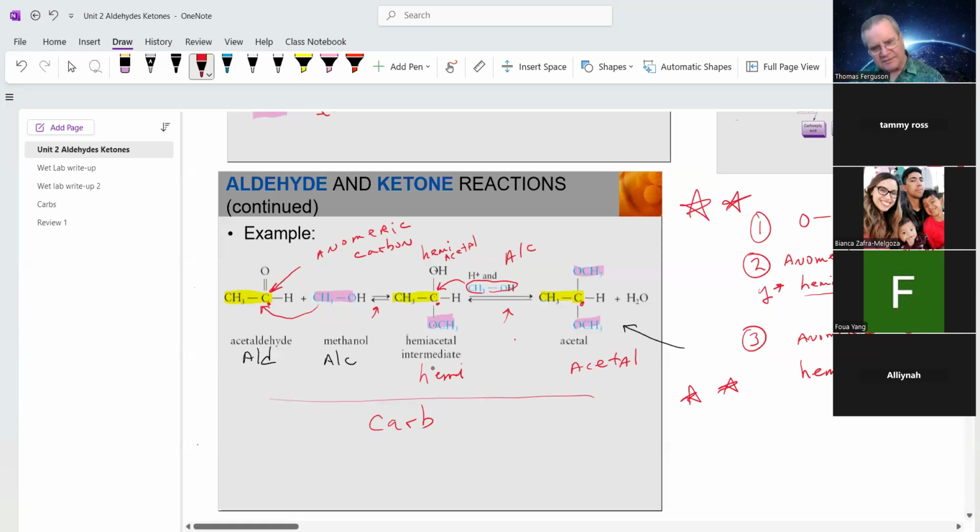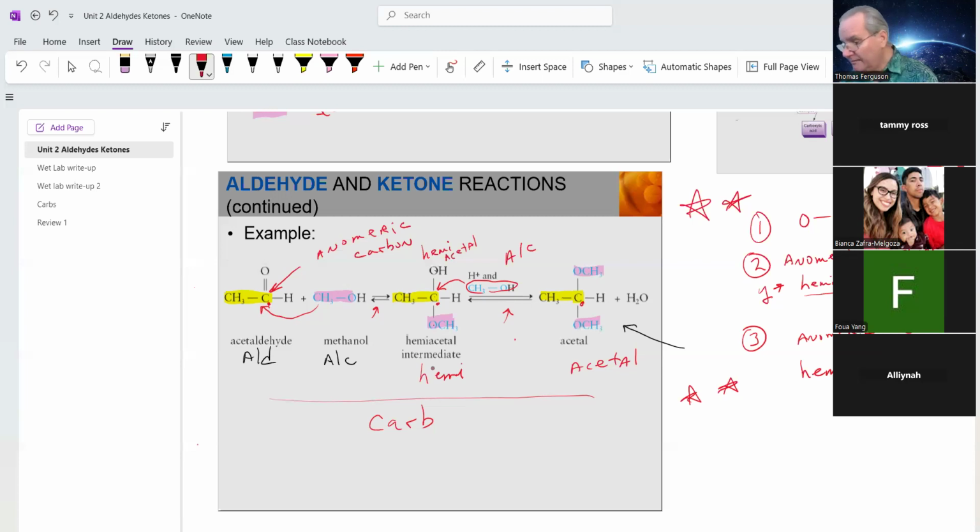Now, in carbohydrates, it depends on whether you have another alcohol present or not. Now, remember, before we talk about carbohydrates, I want you to keep in the back of your mind that carbohydrates are polyols. They have a ton of hydroxyl groups on them. That means they act like alcohols.